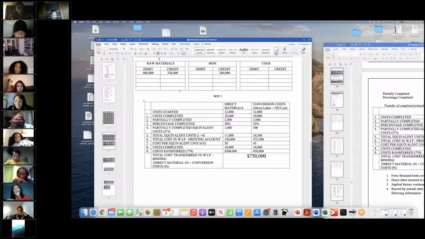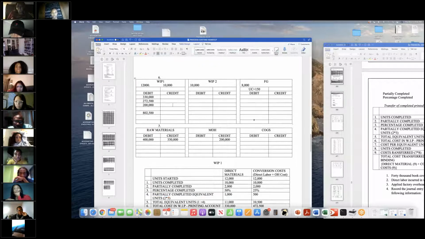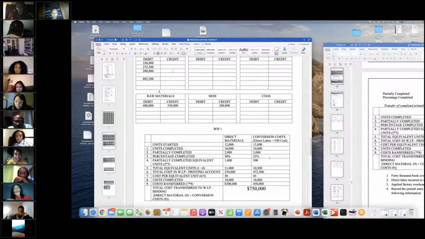Wait, I have one question. How did you get the 472,500? Because you have to add the direct labor and the MOH, the applied manufacturing overhead. Add those two together. Okay. And how'd you get the 10,500? Because you have to add lines 1 and 4 together.